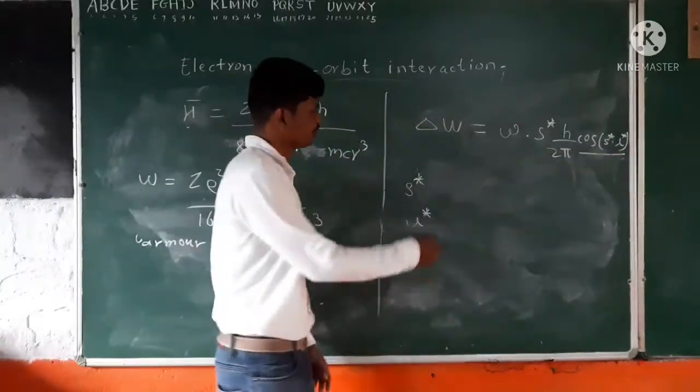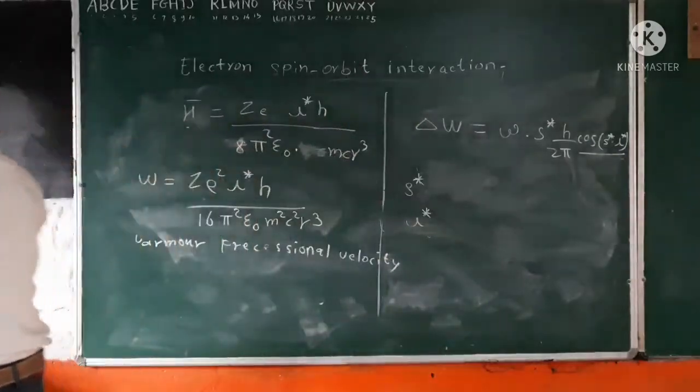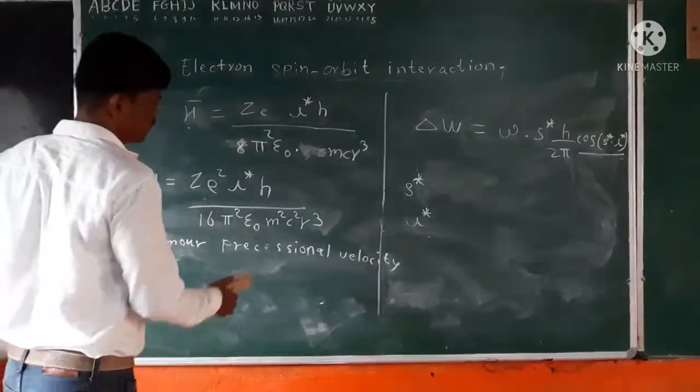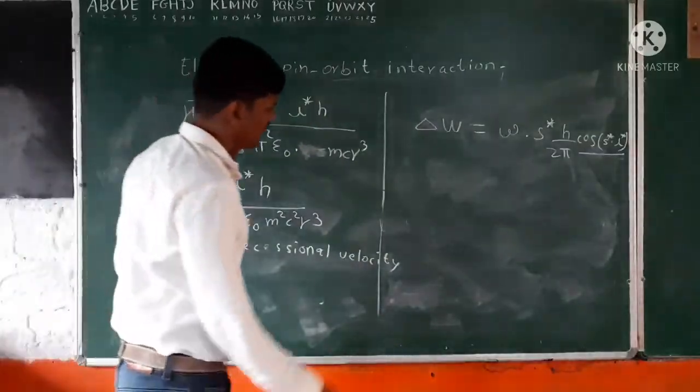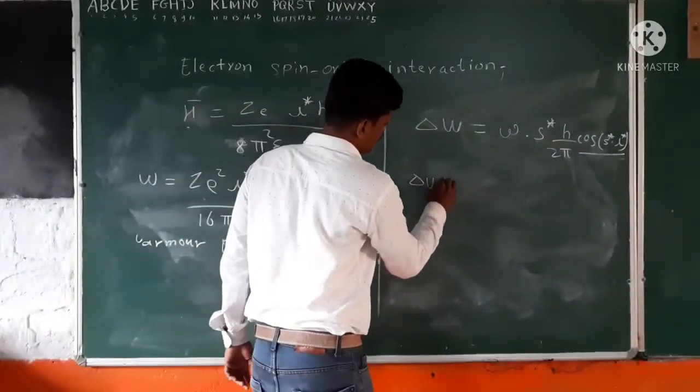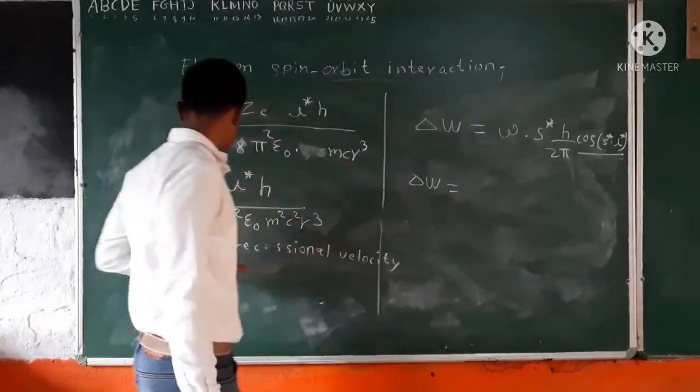So here we can simply put the value of omega and compare our result. Del W will be, what is omega?